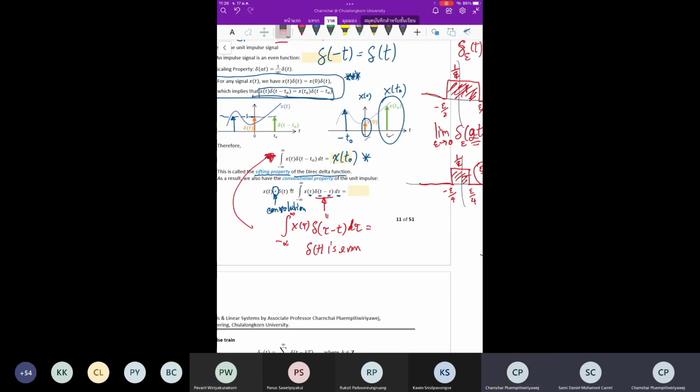Wow. What does it mean? This is called, when you convolve x(t) with delta(t), you get x(t) back. You get x(t) back.